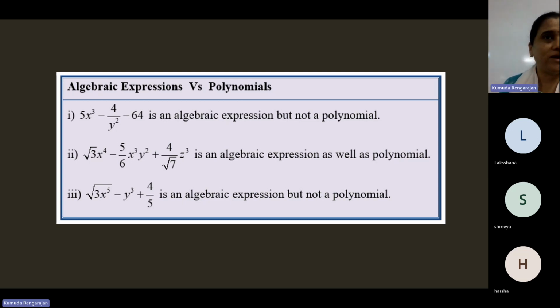Polynomial, we just understood, right? An expression in which the powers of the variables involved have whole numbers as their powers, or non-negative integral powers. This is the definition of a polynomial.